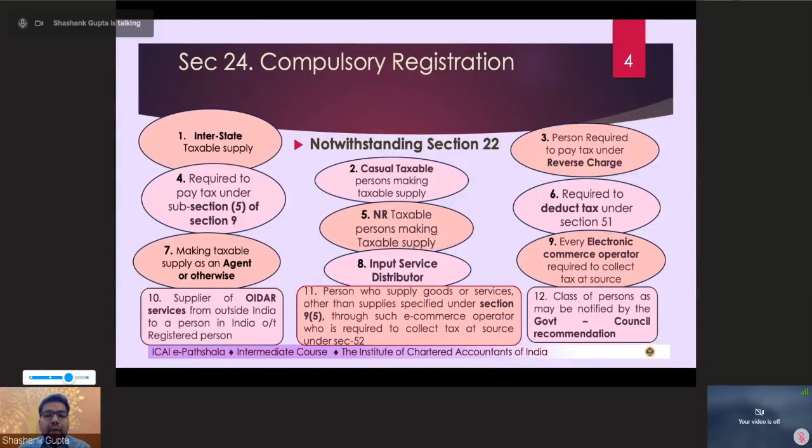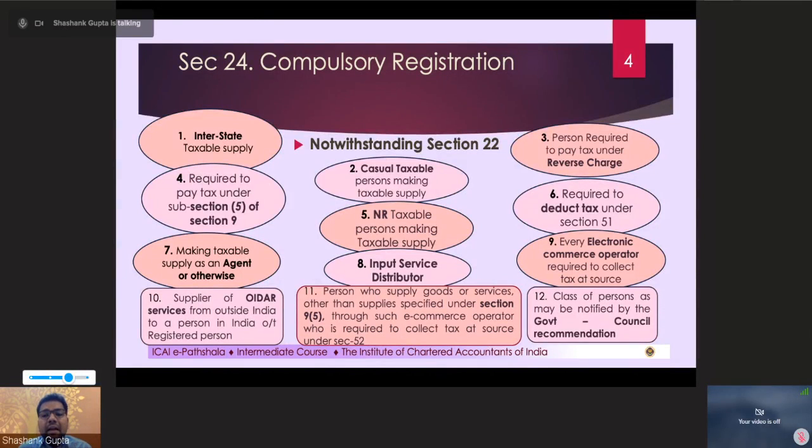But when he is going to any other state where he does not have a permanent place of business, in such states he will need to obtain registration as a casual taxable person. So, any casual taxable person, irrespective of his turnover, is required to obtain registration compulsorily.